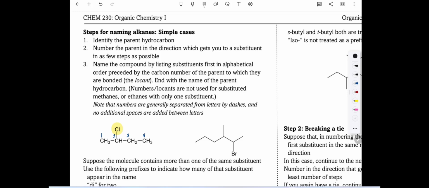Let's do the same thing with the next compound. So let me start by numbering from left to right. So I would have 1, 2, 3, 4. So my first substituent I arrive at on carbon number 4.